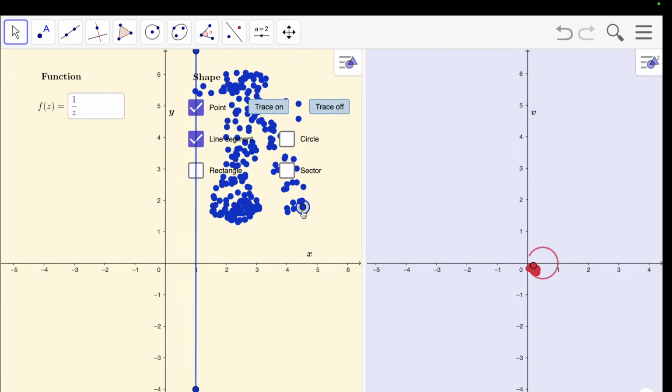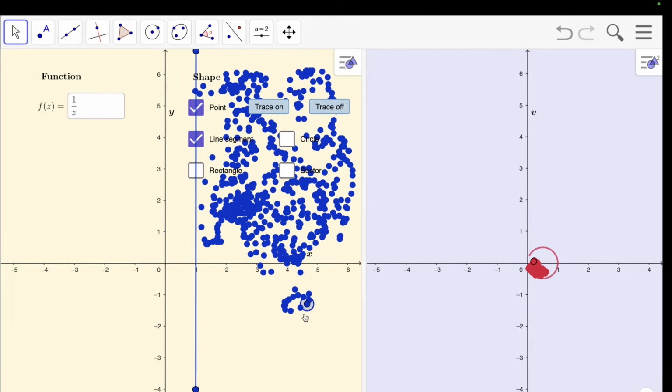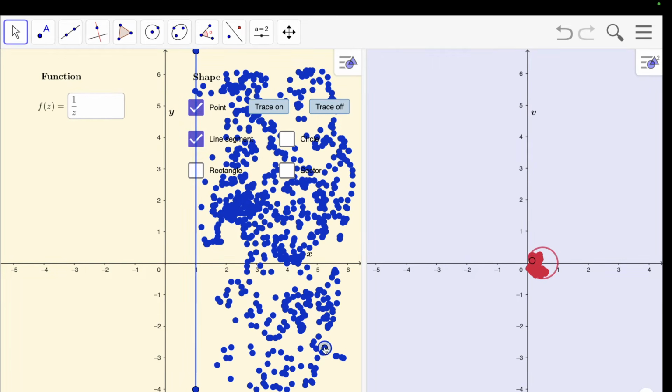So this portion is mapped on this X greater than 1. So interior points of this circle in this UV plane.